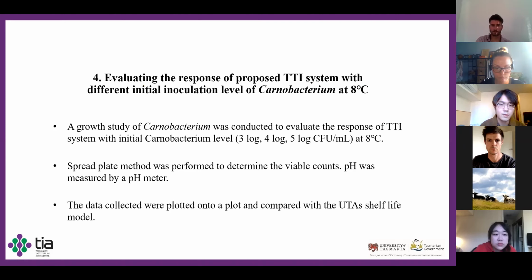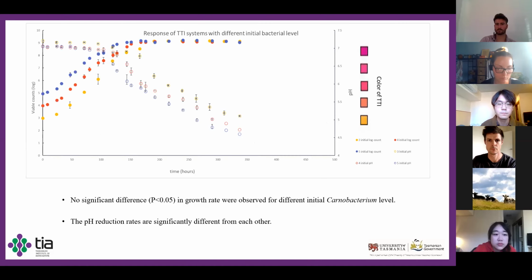Next is about the method of how we evaluate the TTI system with different initial levels of Carnobacterium. In this experiment, I choose 3, 4, and 5 log initial levels to add in the TTI medium. This is the result of this growth study.